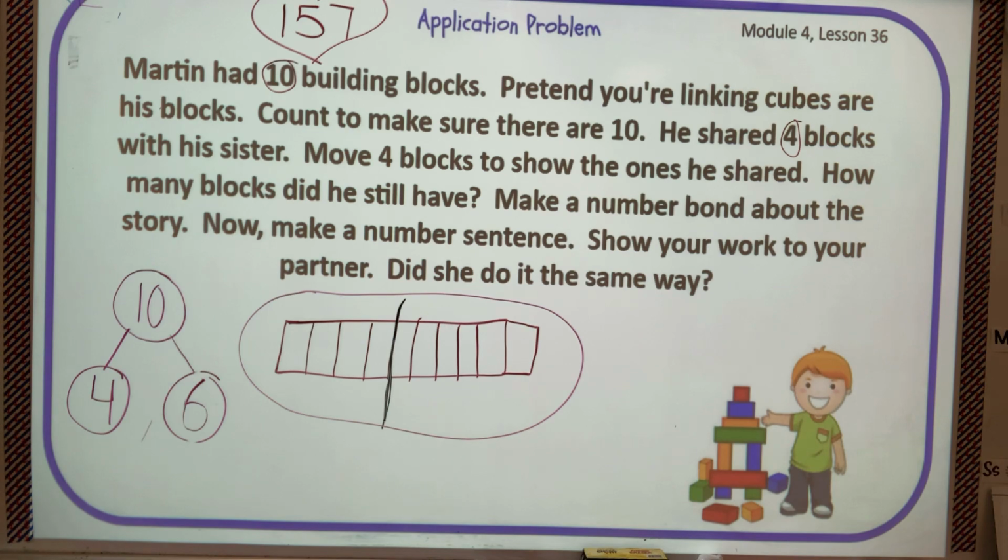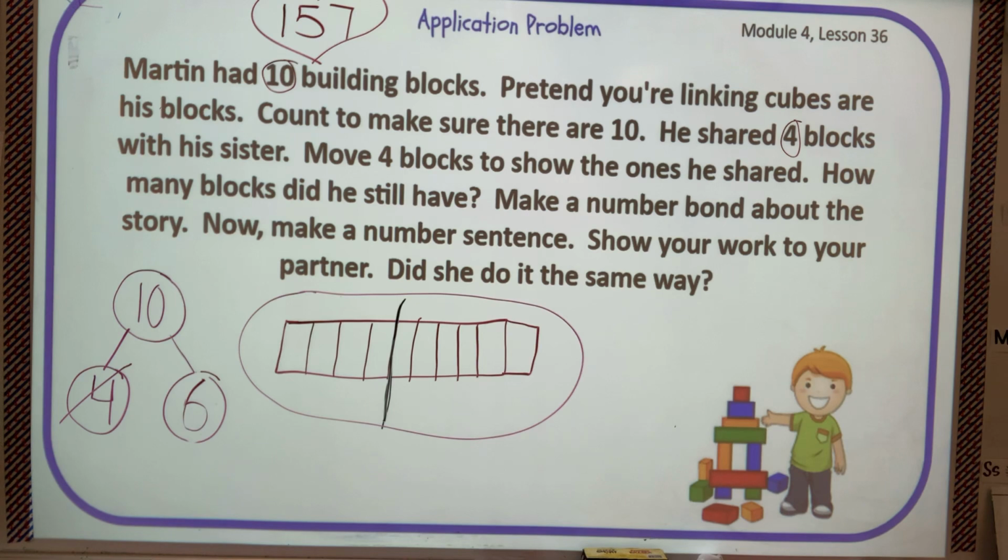Now, how can I show the blocks that he gave to his sister? What can I do on my number bond to show that he gave those blocks away? Nicole? We can X it out. We can cross it out to show that he gave the 4 blocks to his sister.